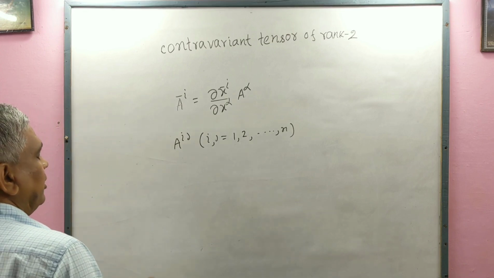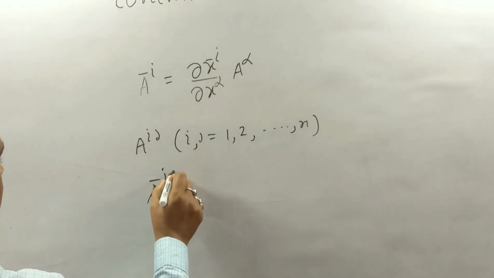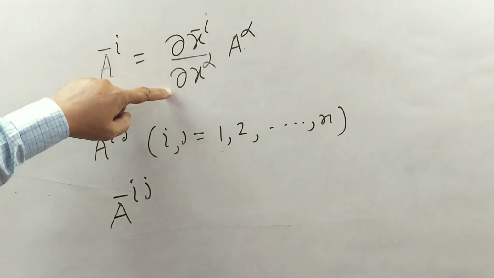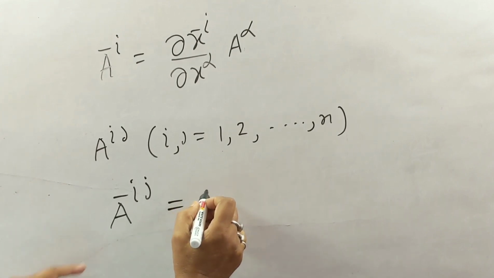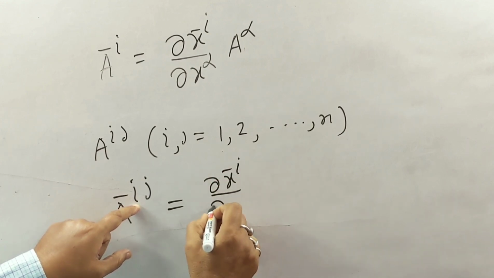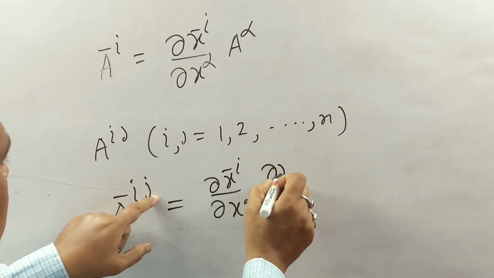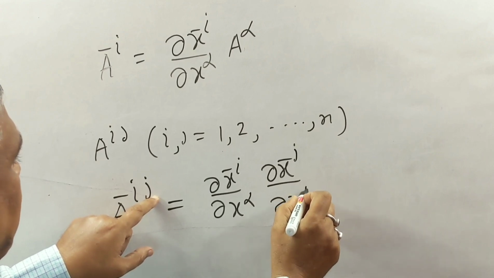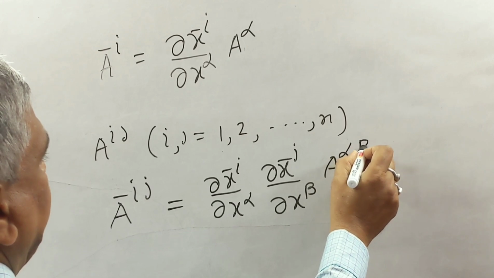Let the corresponding quantities in x bar system of coordinates be a bar ij. Similar to this equation, we will write the transformation as del x bar i by del x alpha, here for j, del x bar j by del x beta, and here a alpha beta.